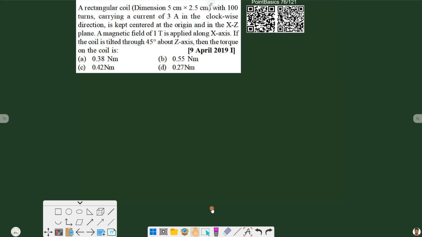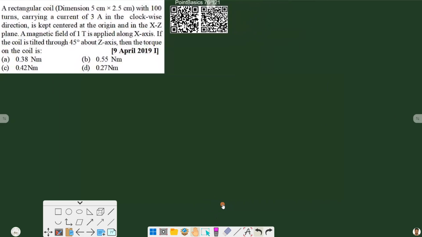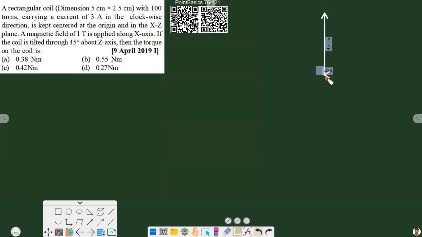So let's first draw the coordinates. It is kept in the xz plane.